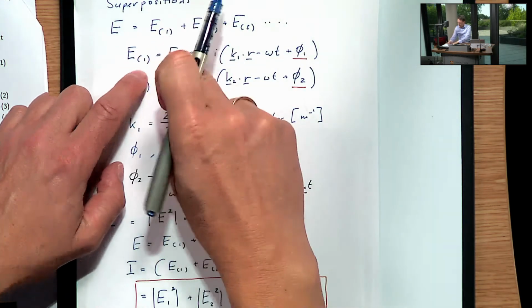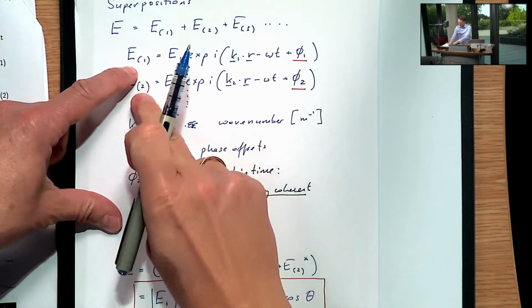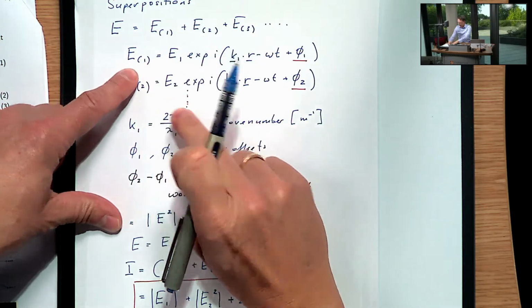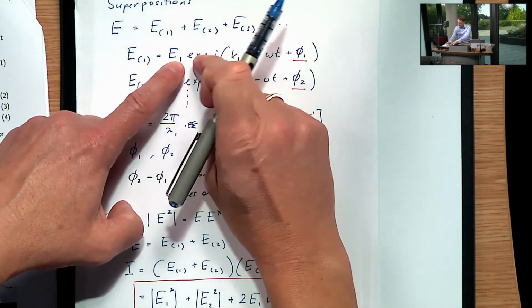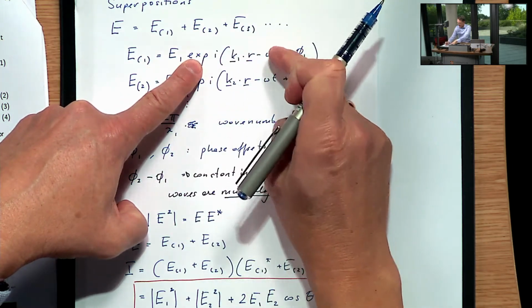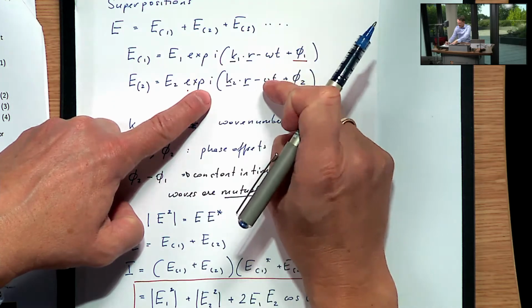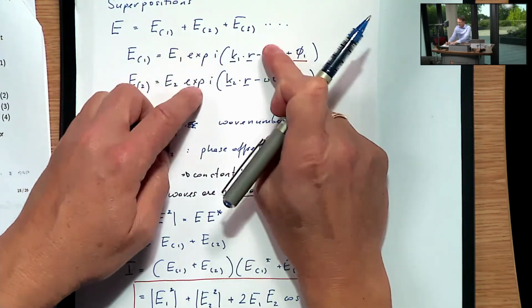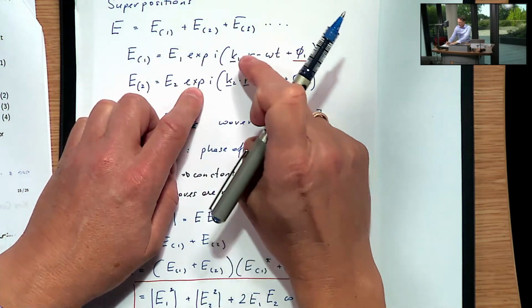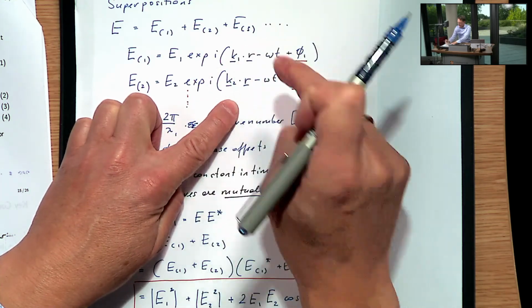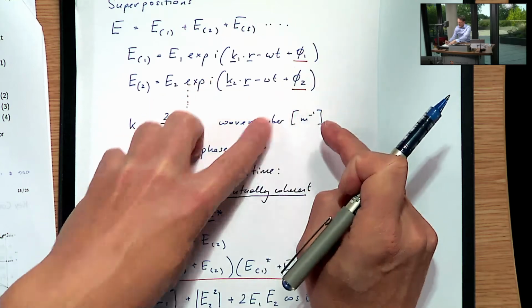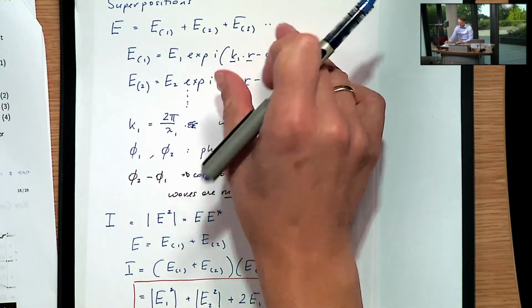If I take E1 times E2 star, for example, so it's the complex conjugate of this, you get exponent i omega t and exponent i minus omega t. So the omega terms drop out, but these terms remain: you will have terms k1 minus k2 dot r, and you have theta 1 minus theta 2 remaining.